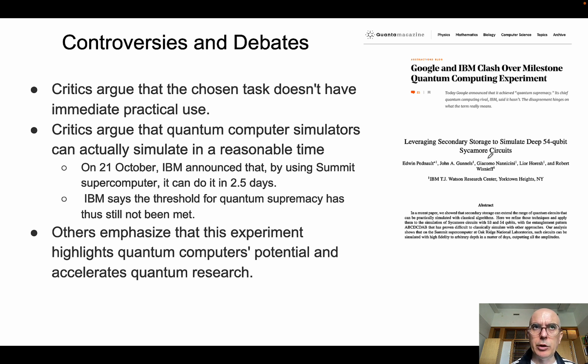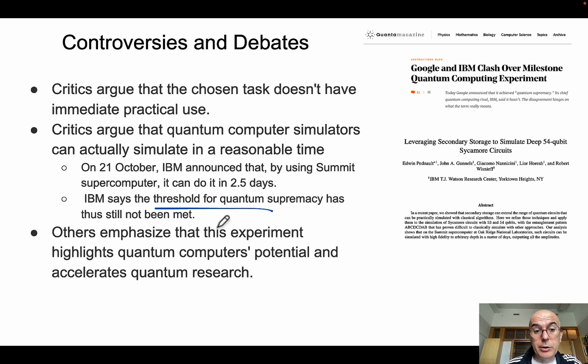That is not thousands of years as claimed by the Google paper. IBM also argued that the threshold for quantum supremacy has, for this reason, not been met, and there is further work to do to show that quantum supremacy is achieved.